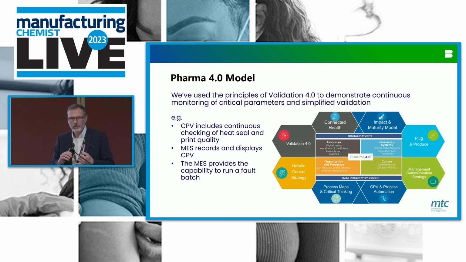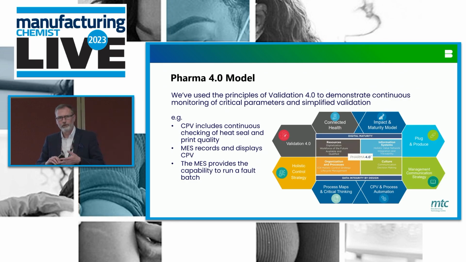Which is continuous monitoring, where we can, of critical parameters, and then simplified validation. So the continuous monitoring is checking the heat seal and the print quality, and the MES records and displays that continuous monitoring data.